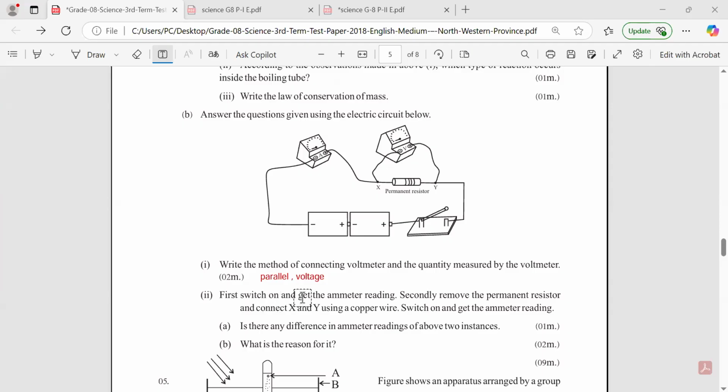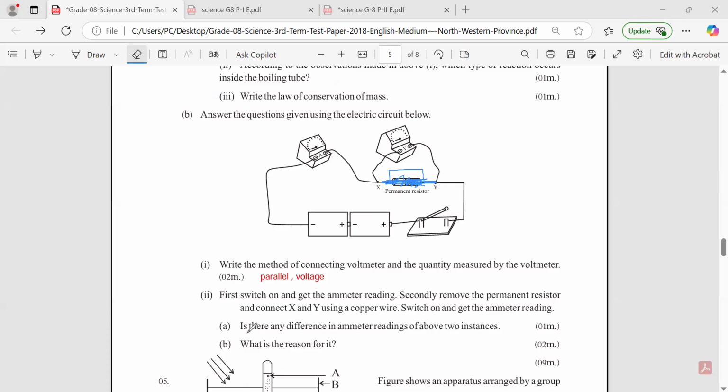First, switch on and get the ammeter reading. Secondly, remove the permanent resistor and connect X and Y using a copper wire. You can see X and Y over here. What I'm going to do is get rid of this, and then connect a copper wire through these two.